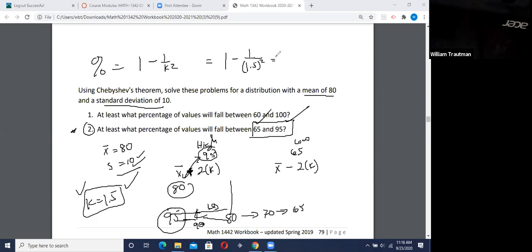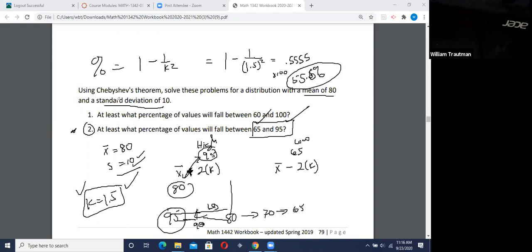That's kind of tough. When I put this in my calculator, this is what I get. Hopefully you guys get this. You should get 0.55. And if you multiply it by 100 to get the percentage, you get 55.5%, or actually rounded, 55.6%.